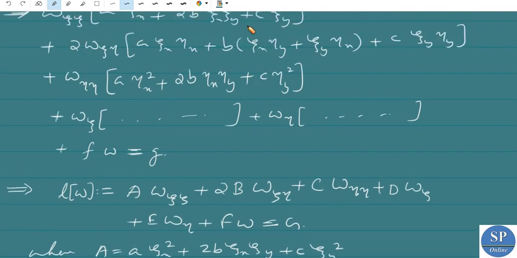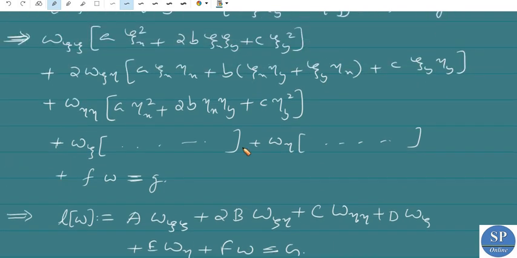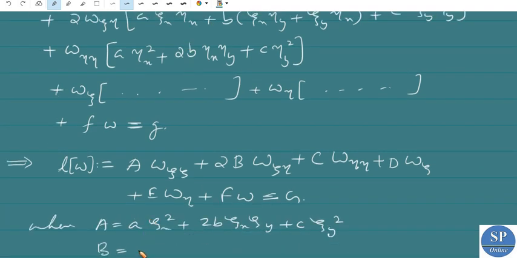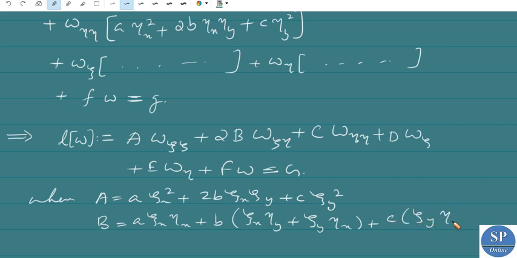Now, here it is 2B, so B is the coefficient divided by 2, so B is a into ζ_x into η_x plus b into ζ_x η_y plus ζ_y η_x plus c into ζ_y η_y.